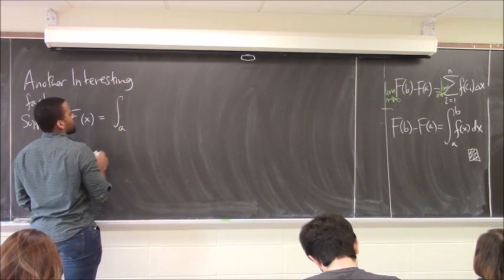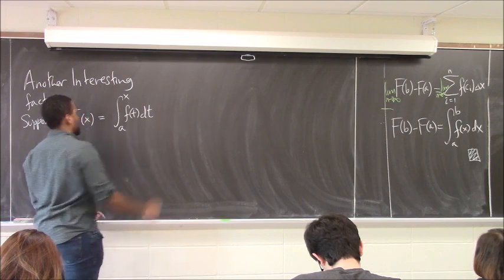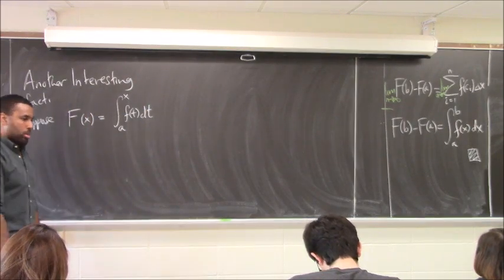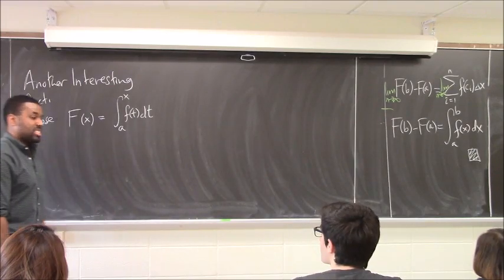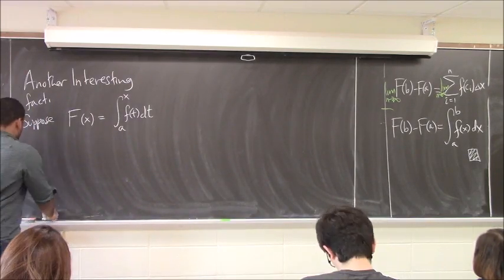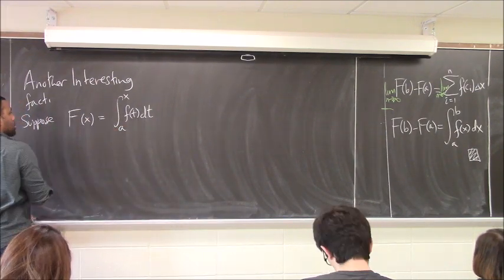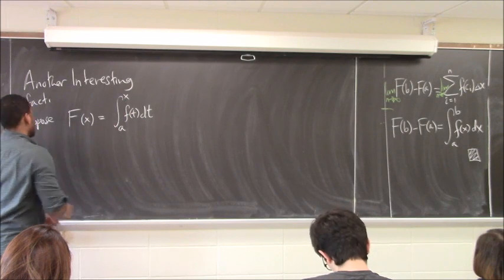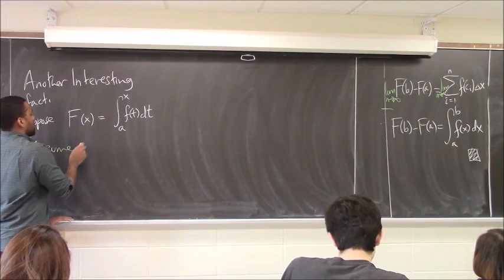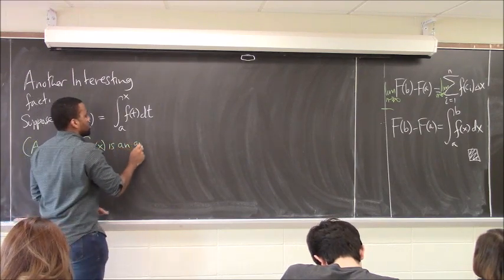It is the area from a up to x underneath this other function. So I have a function that's defined as the area under something, a function that's defined as an integral. Now, we're also going to assume that this thing can somehow be computed. We might not even know the answer, but we're going to assume that there is some answer here. Assume that big G of x is an antiderivative.